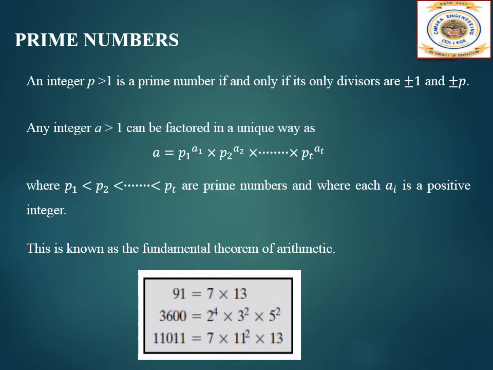Similarly, consider one more example, 11,011. I can factor it as 7 × 11^2 × 13, where 7, 11 and 13 are all prime numbers. In this way we can factor numbers in a unique way using the fundamental theorem of arithmetic.